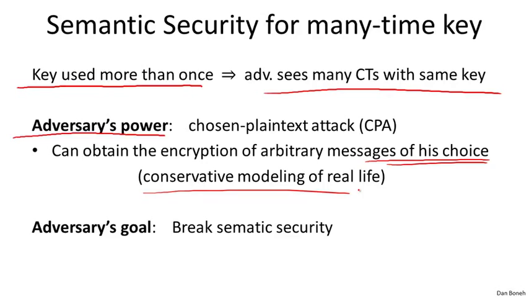If later the adversary steals this disk, then he obtains the encryption of an email that he sent to Alice under Alice's secret key. So that's an example of a chosen plaintext attack where the adversary provided Alice with a message and she encrypted that message using her own key, and then later the attacker was able to obtain the resulting ciphertext. So that's the adversary's power, and then the adversary's goal is basically to break semantic security.